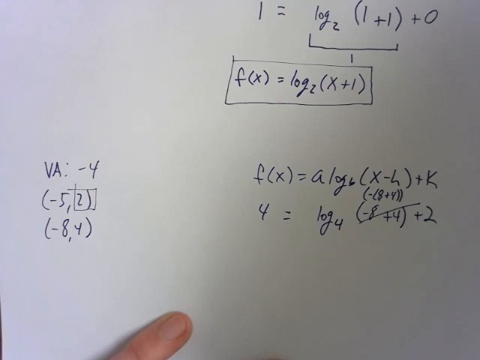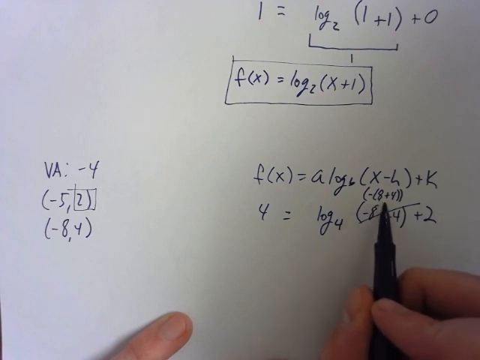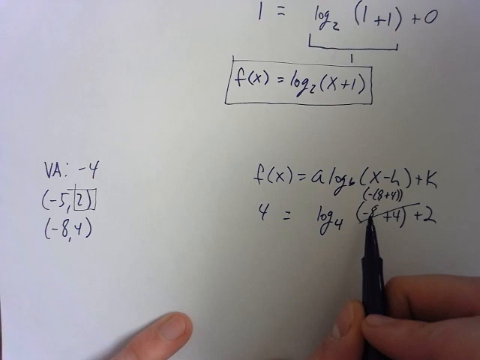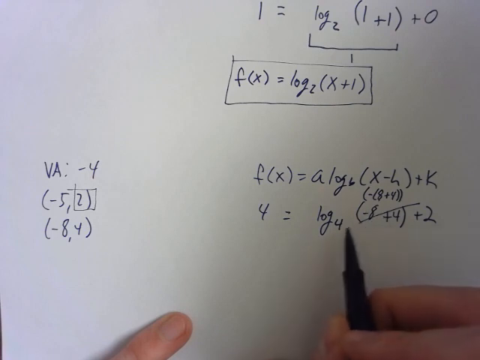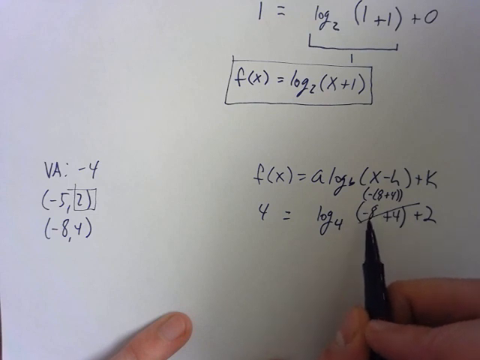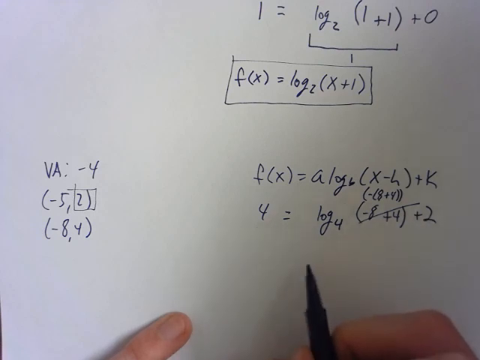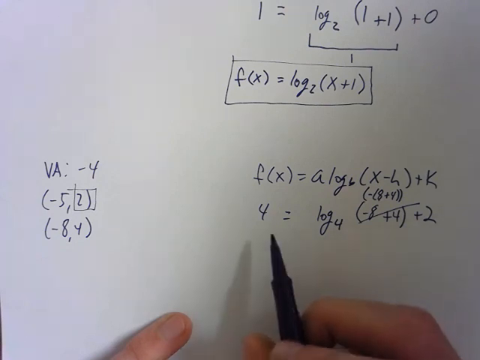Now I look at this and I say, well, 4 to the what power gives me 4? Okay, and that's going to be a 1. All right, well, what plus 2 gives me 4? Well, obviously 2 plus 2 gives me 4.